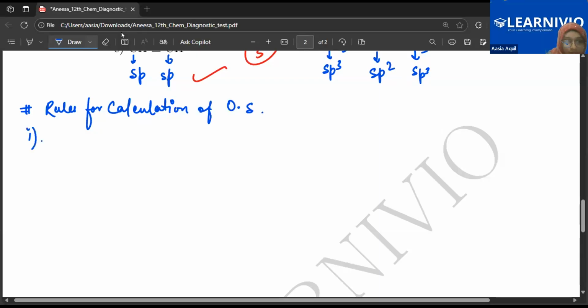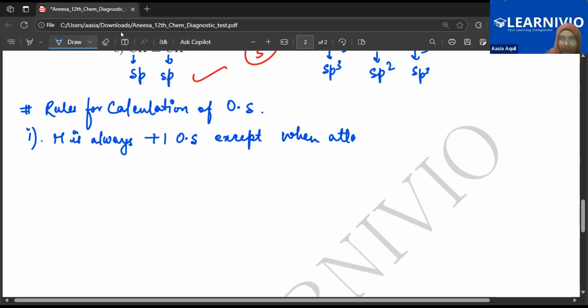Hydrogen will always have +1 oxidation state, except when attached with a metal. If hydrogen is attached to a metal, then obviously the metal will have a positive charge and the hydrogen will have a negative charge.